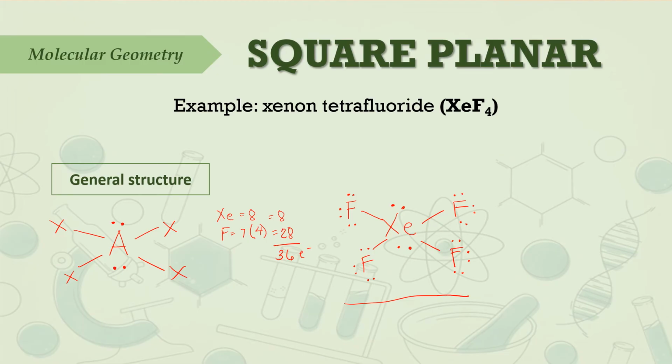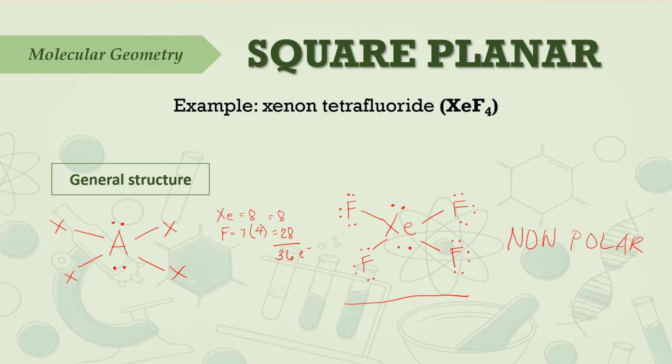Now take note for this square planar, please remember that this is an exception to the rule that if the central atom has lone pairs, then that is a polar molecule. For square planar, my dear students, kindly take note, the square planars are non-polar molecules even though they have lone pairs at the center.